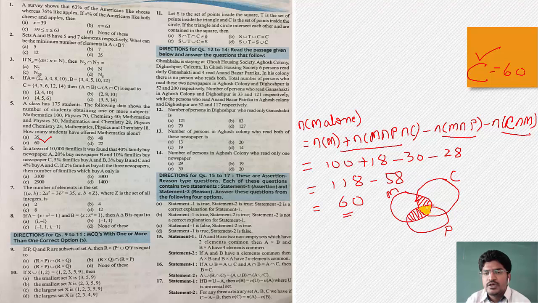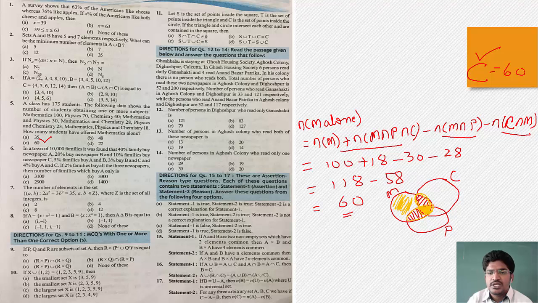So what happens if you add this term to M? That means you add M and this term, and from that you can subtract this common region and this common region. Are you getting my idea?